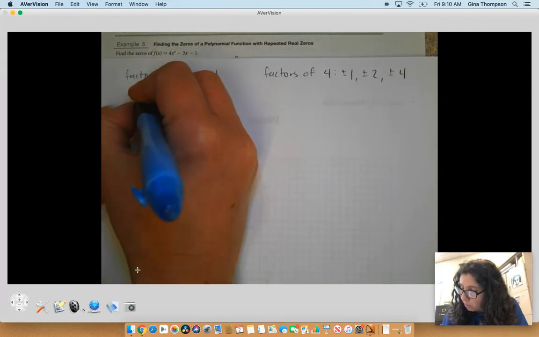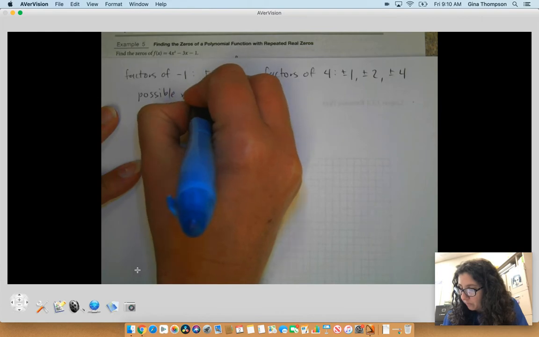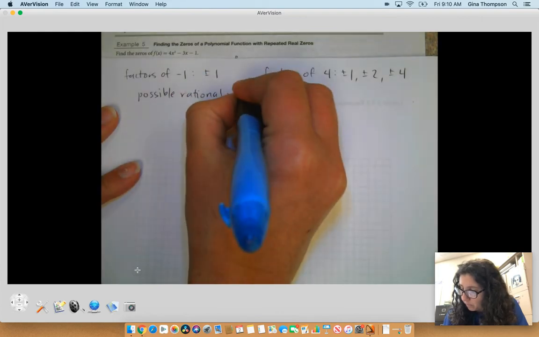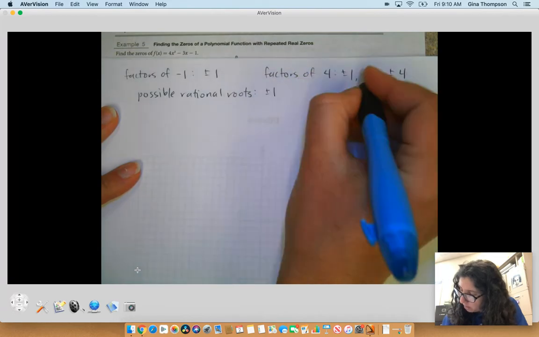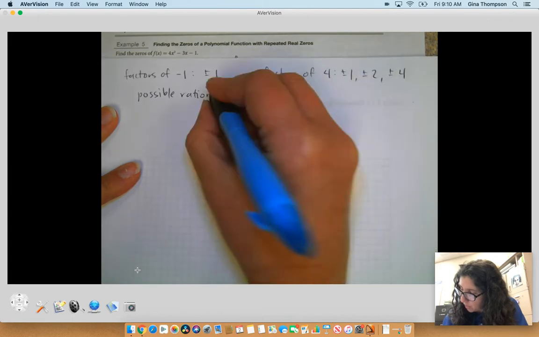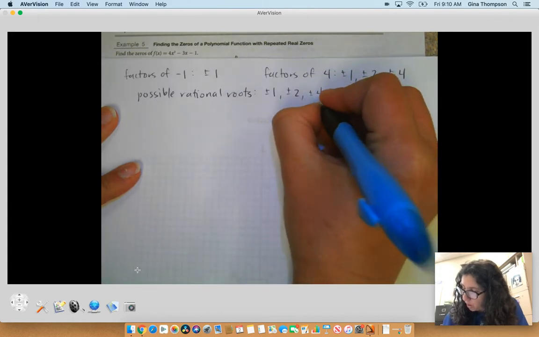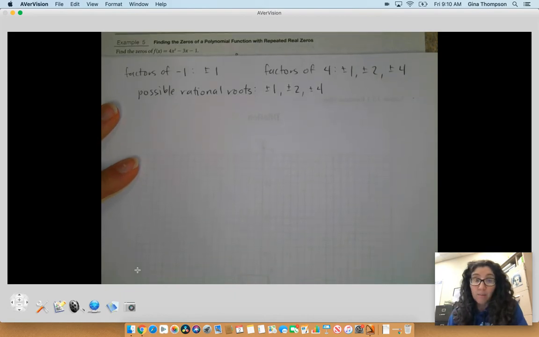So possible rational roots could be plus or minus 1, right? This over that. Could be plus or minus 2, this over that. Could be plus or minus 4. So you have 6 possibilities. And now we just got to test them out.